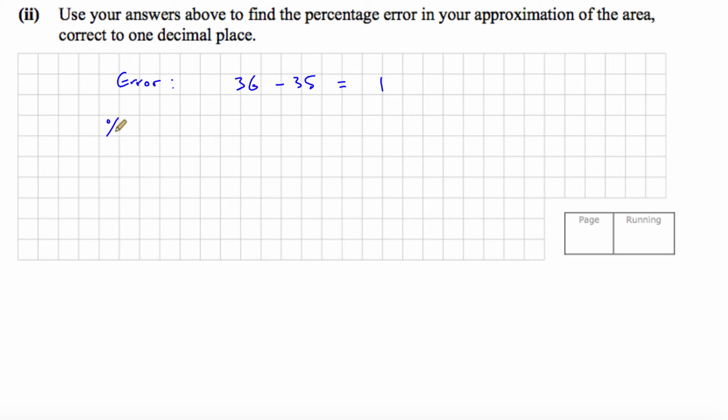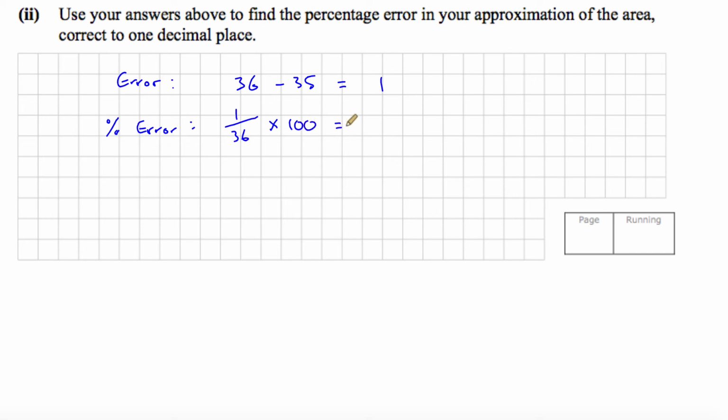So if you have the error, to express it as a percentage, you're just going to put the error over the correct amount, which was 36, and then multiply by 100 to express as a percent.